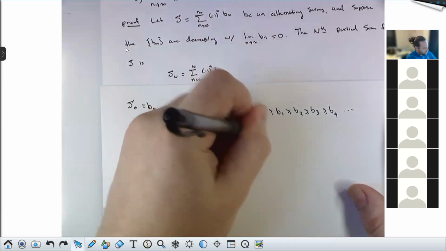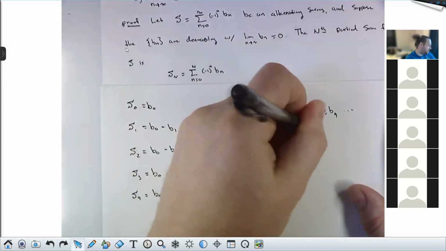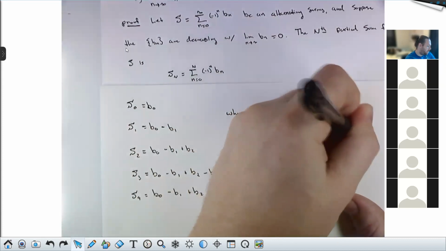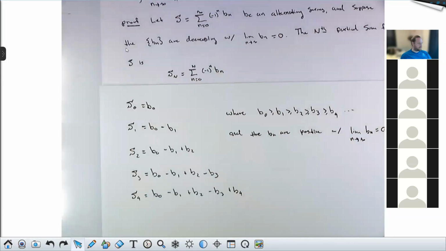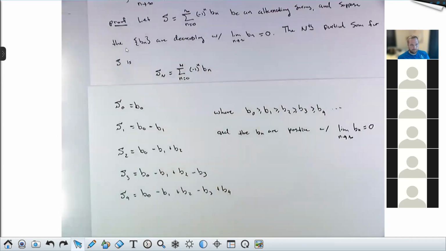And the Bn are, of course, positive with the limit as n goes to infinity of Bn equals 0. So the B's themselves are getting smaller and smaller, and they're going towards 0.